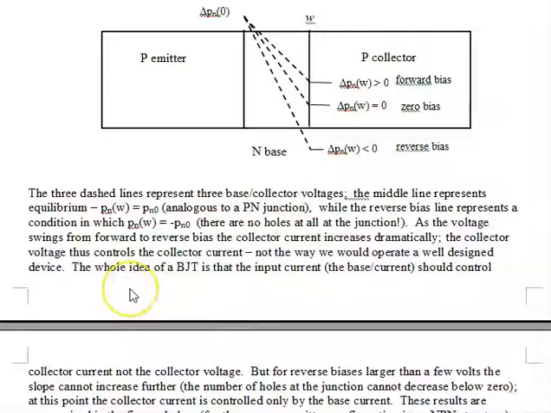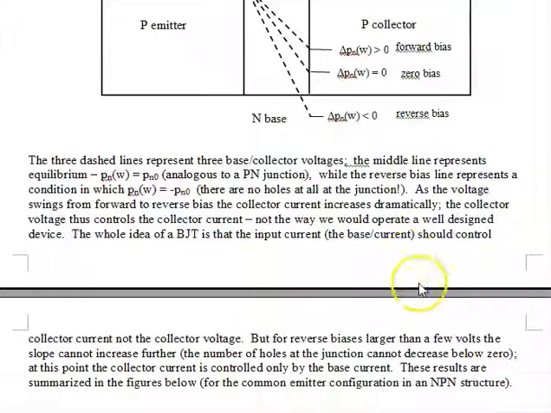Now, the basic idea of BJT, in fact, the whole reason that BJT exists, is that we use the input current, which is base emitter current.